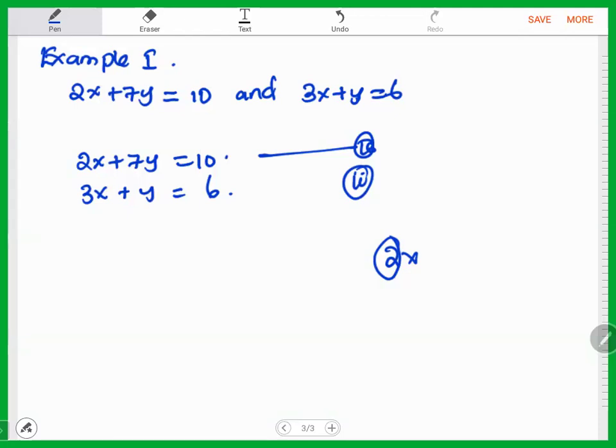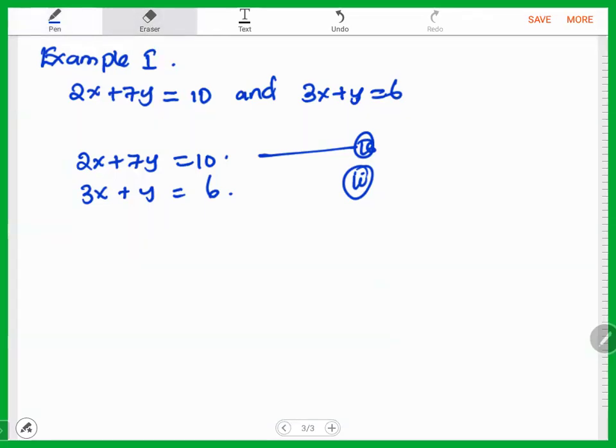It is 3. So if we have 2 and 3, and we are interested in eliminating x, I must ensure that the coefficient of x is actually the same.